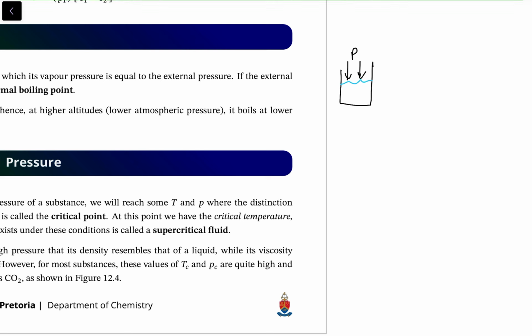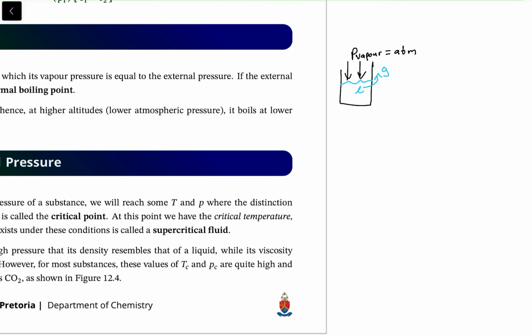meaning the temperature eventually needs to give enough energy to that liquid so that the vapor pressure will equal the atmospheric pressure, and then only will your liquid be able to escape from the liquid phase into the gas phase.